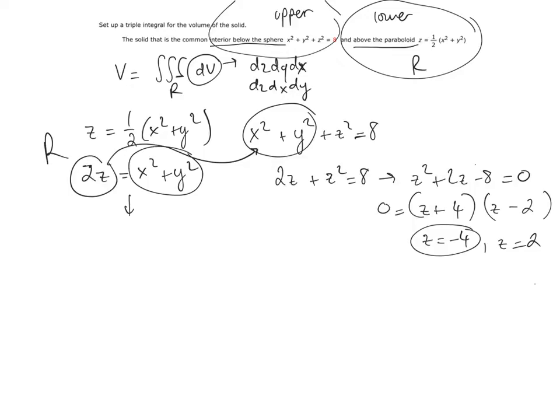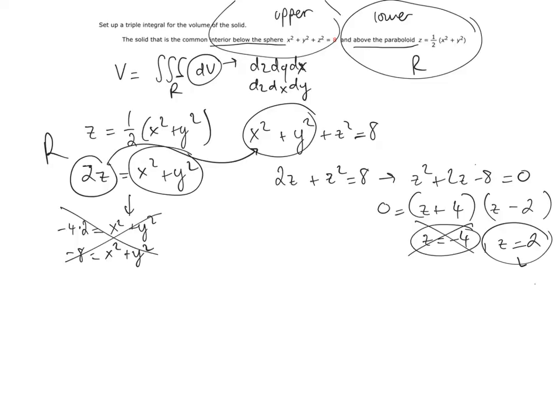If you plug in -4, 2 times -4 equals x squared plus y squared, so -8 equals x squared plus y squared, and you have a negative number for the radius squared. That would not make any sense. So z would be 2.